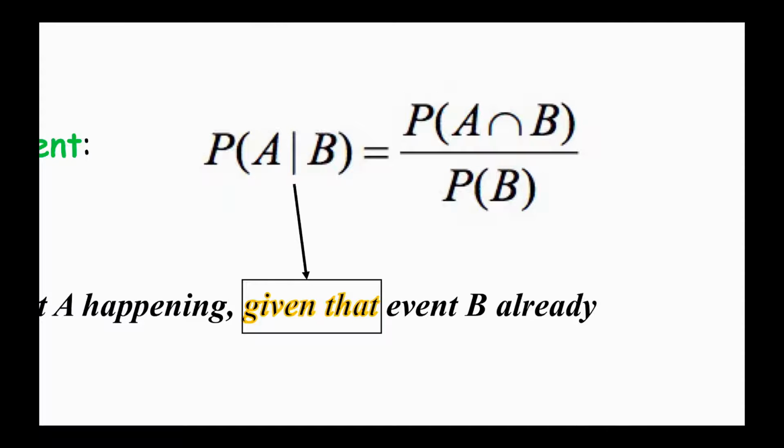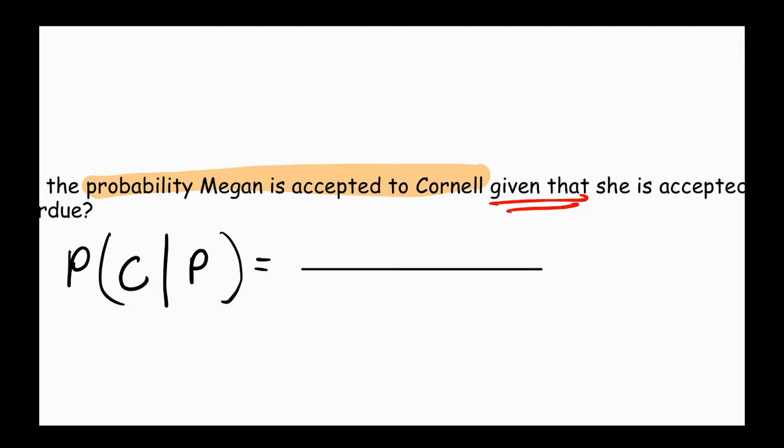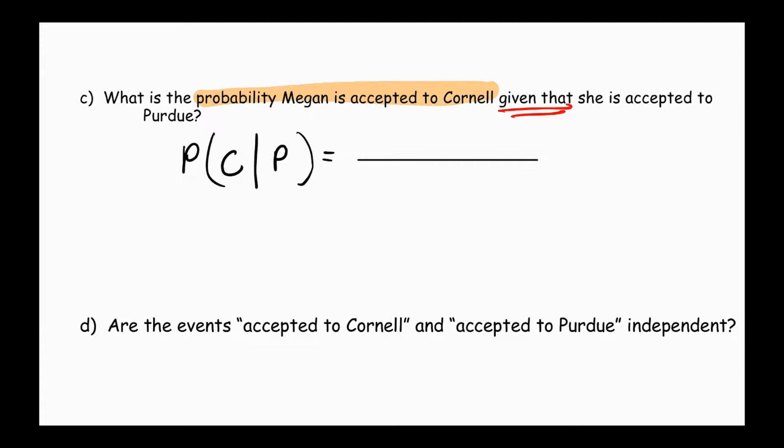For our problem, C is here and P is there. So up here is going to be C and P, and down here is going to be P. That's exactly what I'm going to write down on this problem. So the top is both, the probability of C and P, over the probability of the given that part, which is Purdue.